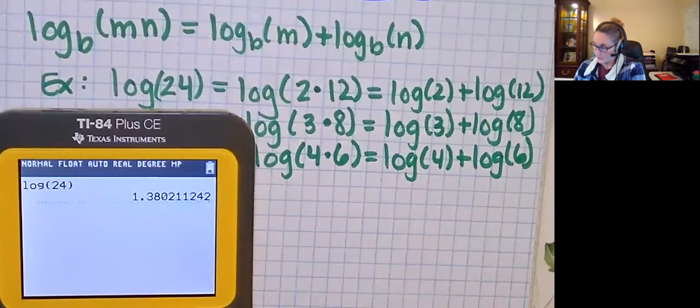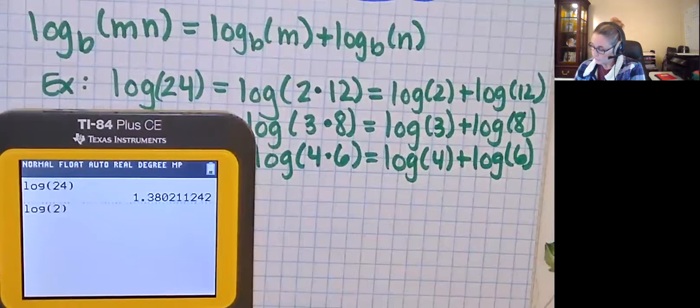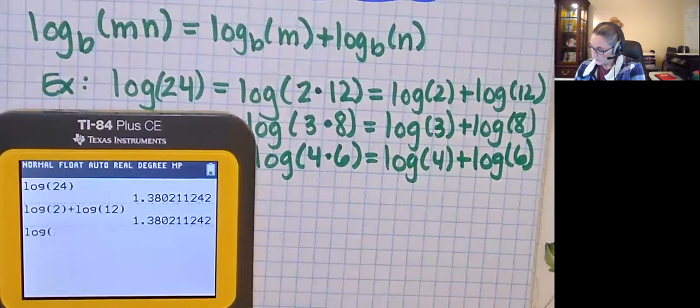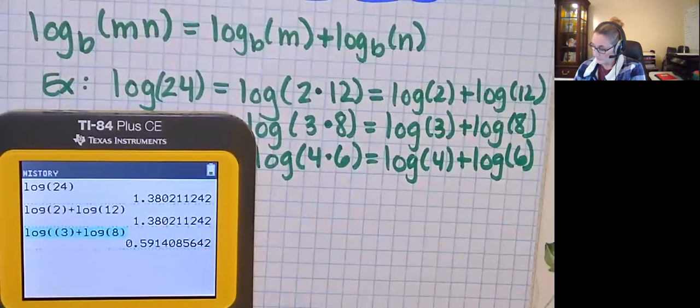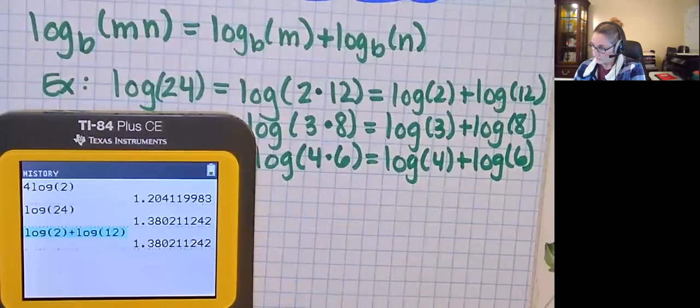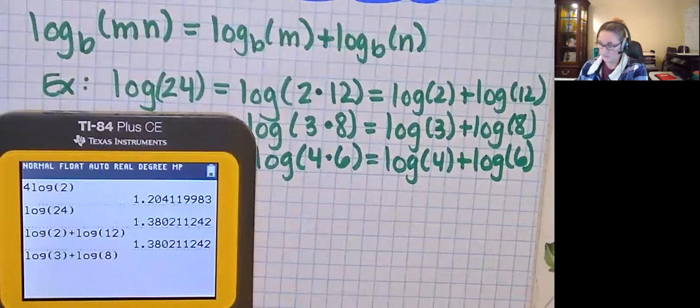And let me show you that if I did any of these, log of 2, close your parenthesis, plus log of 12, I got the same thing. Log of 3 plus log of 8, oops, hold on, sorry. Watch my parentheses here. So log of 3 plus log of 8, okay.